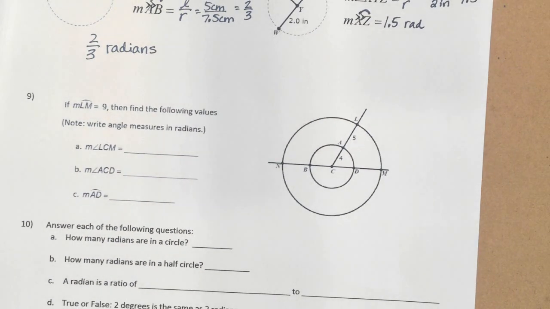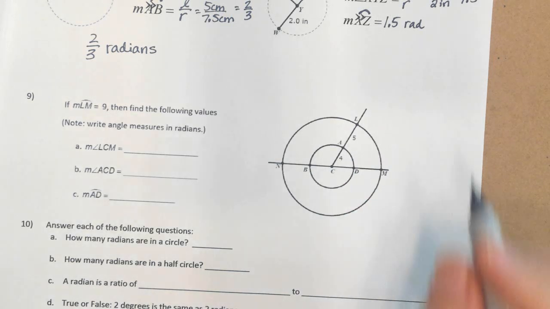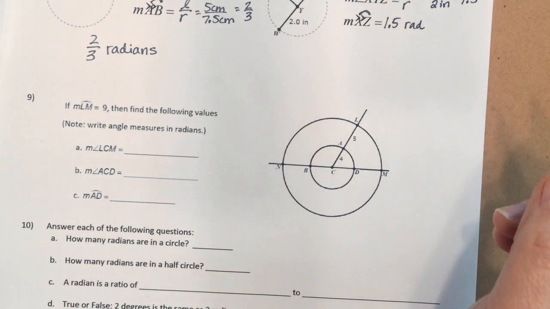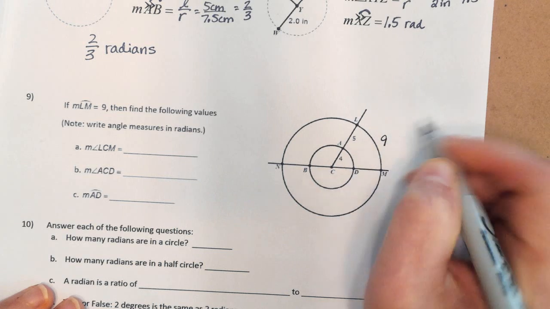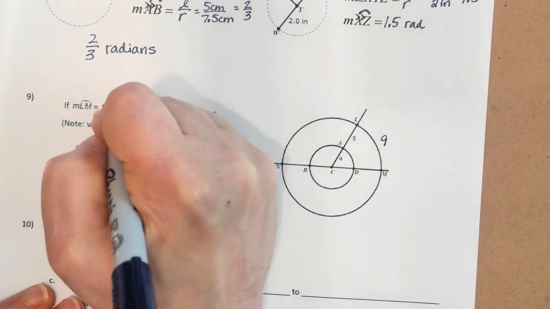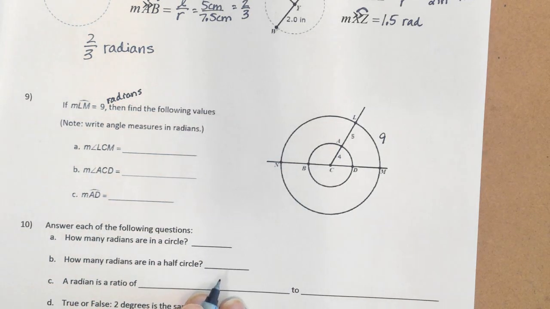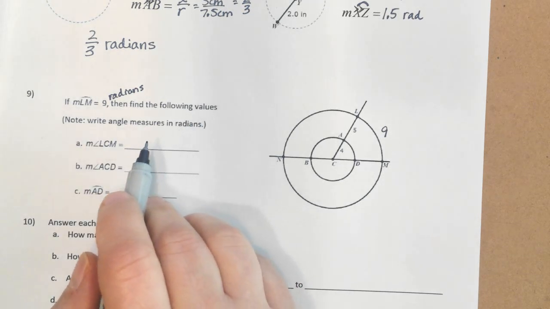In number 9, we are given 2 circles. We're told that the measure of arc LM is 9. Remember, we said we don't have units, so what this means is 9 radians, even though it doesn't say so. So the measure of LM is 9 radians, and I want to find each of these.